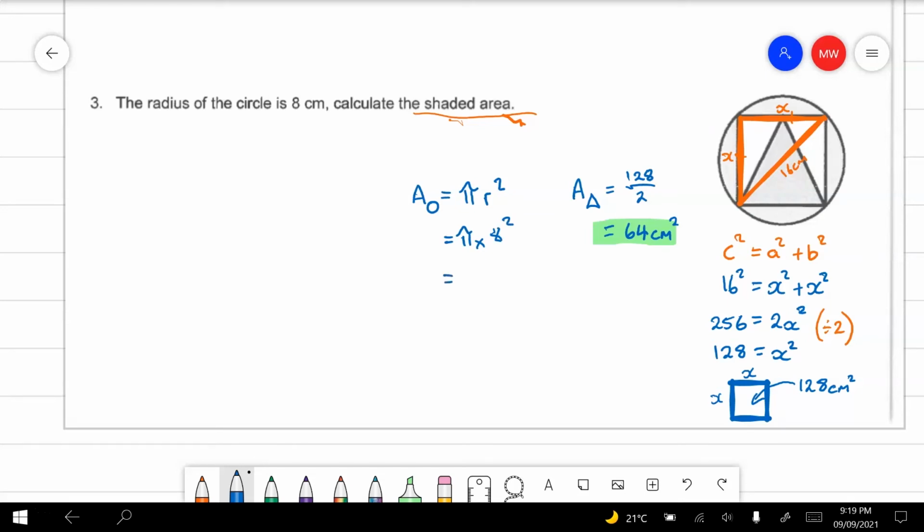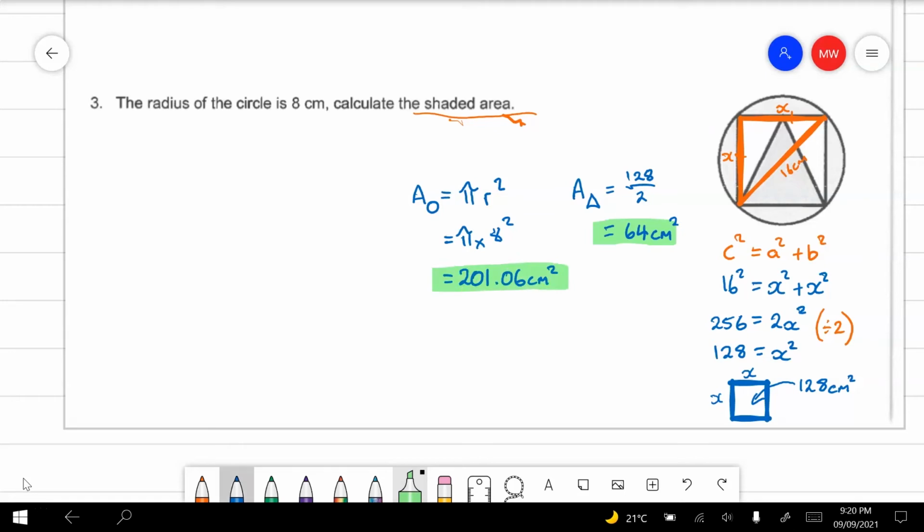If I put that in my calculator, it is 201.06. This one's also in centimeters squared. And so now I've got my two areas.